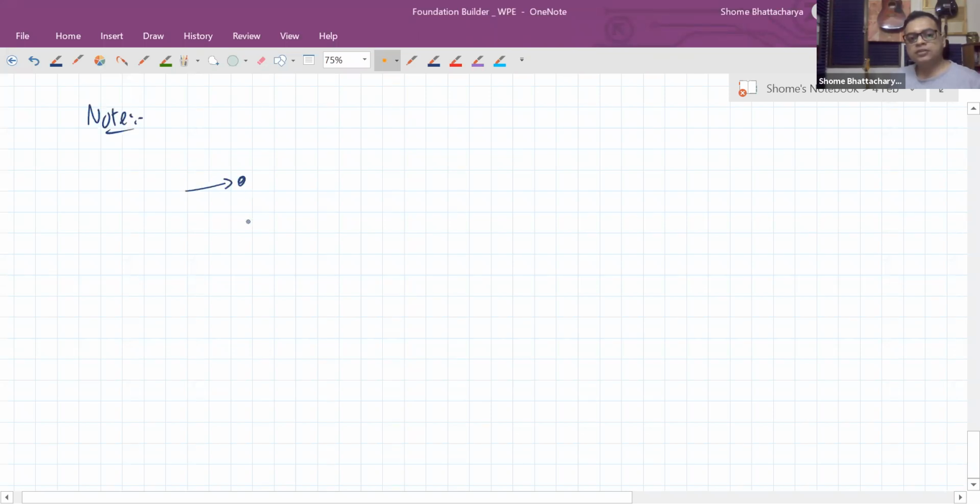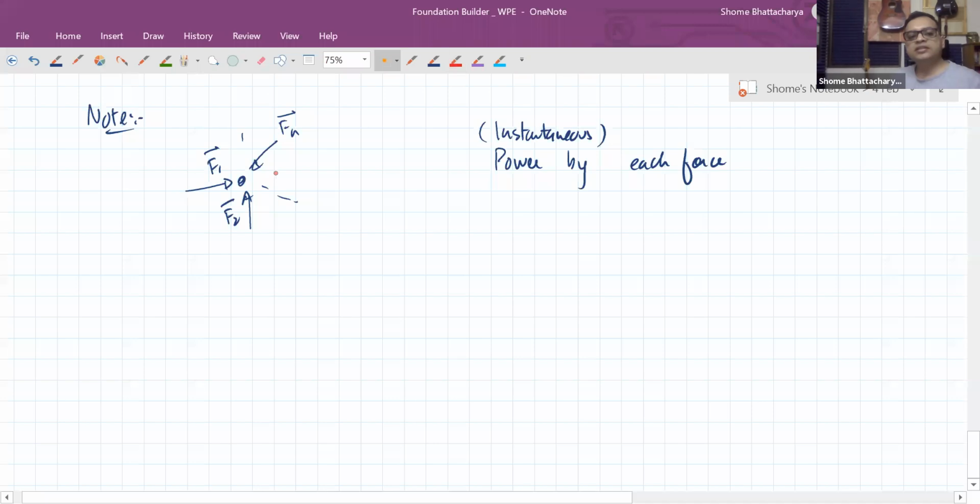So if a number of forces are acting on a particle, and that particle is having an instantaneous velocity v at that instant, then the power by the first force is F1 dot v. The second force is delivering a power of F2 dot v. Like that, the nth force will deliver a power of Fn dot v.